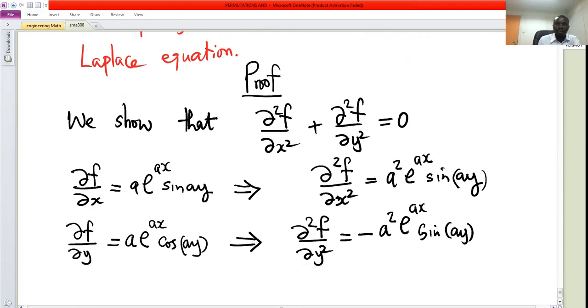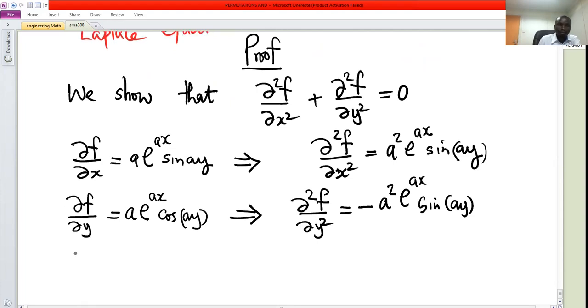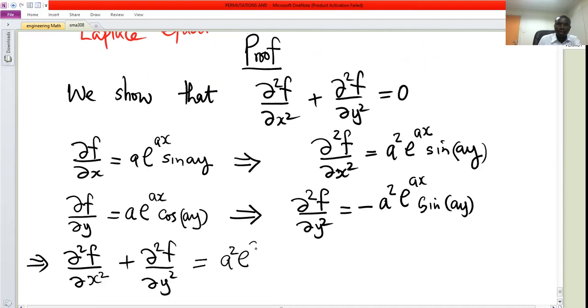So then now we have to add the two equations. So this implies that partial squared f partial x squared plus partial squared f partial y squared equals a squared e raised power ax sine of ay, and then plus this other one is minus a squared e raised power ax sine of ay.